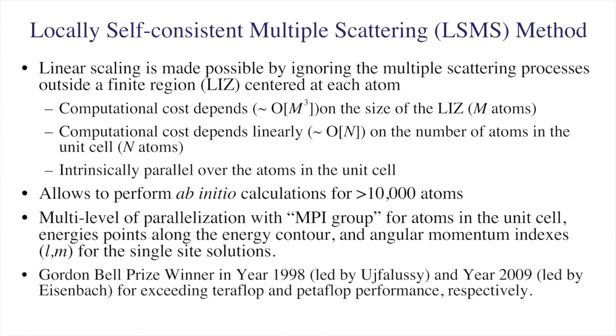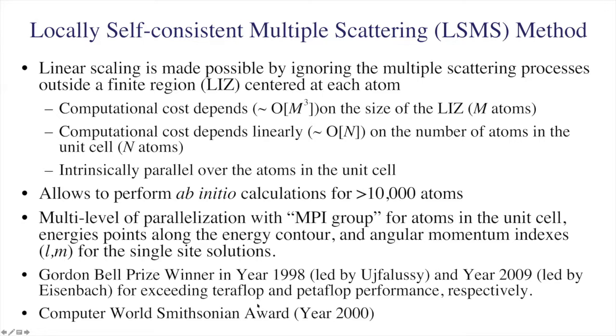We can also use multiple levels of parallelization using MPI groups. This approach has won two Gordon Bell prizes, one for overcoming the teraflop bottleneck, the other for exceeding petaflop performance. It also has some other awards here.